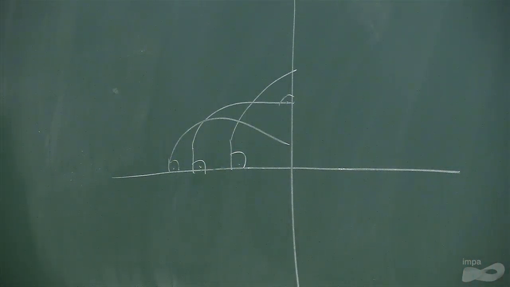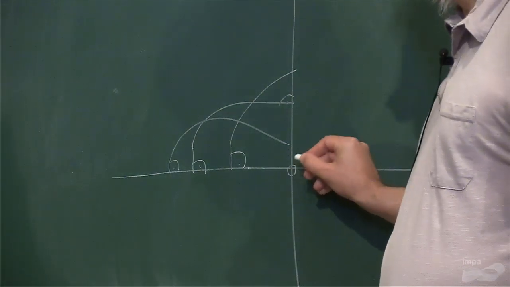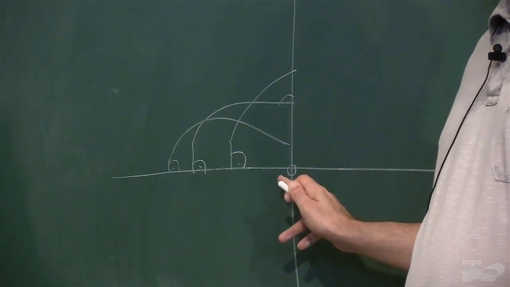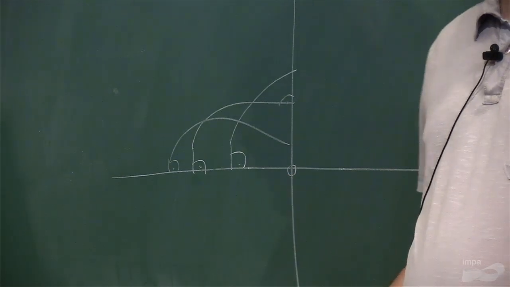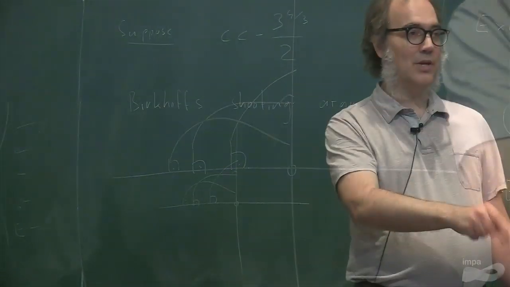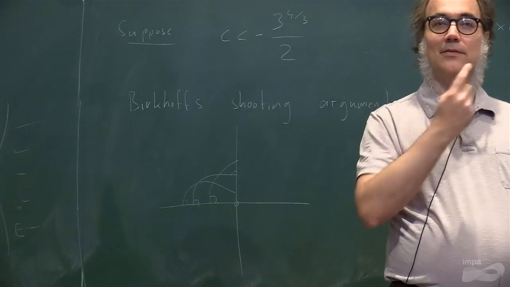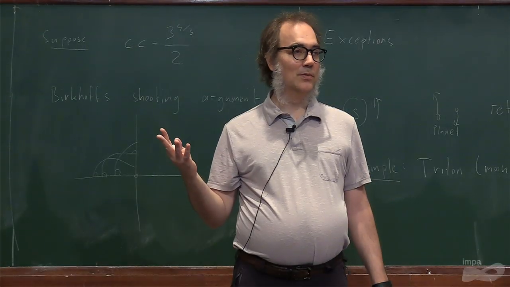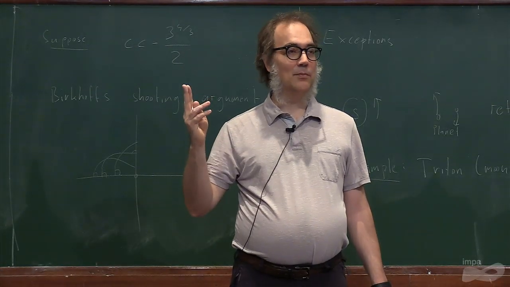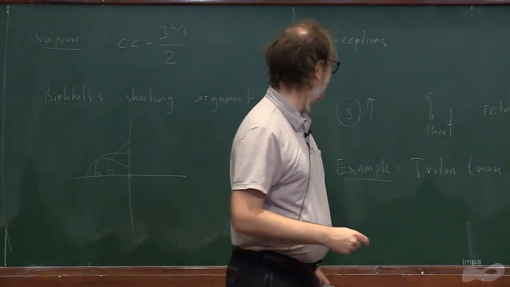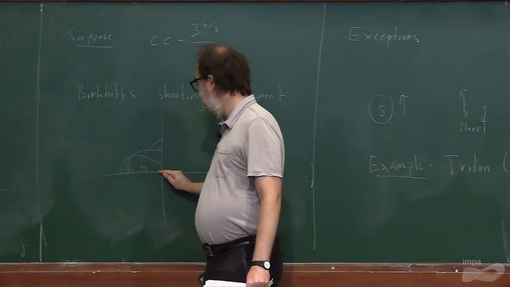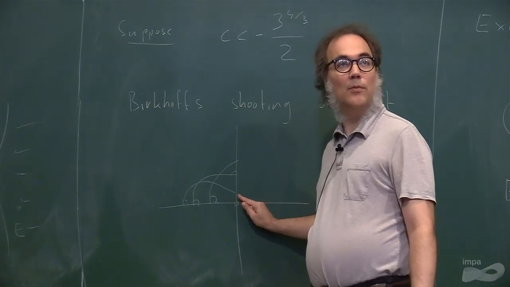Now what we do is we first shoot very close to the Earth. If our moon is very close to the Earth, then we have basically a Kepler problem, and we know what happens in the Kepler problem. So if we shoot here, we can precisely say what the orbit is.